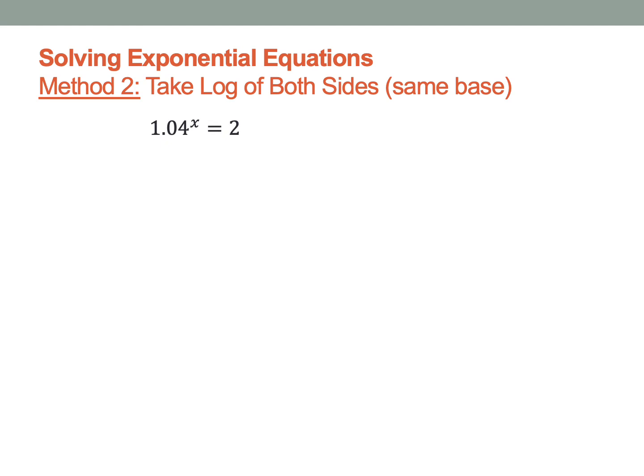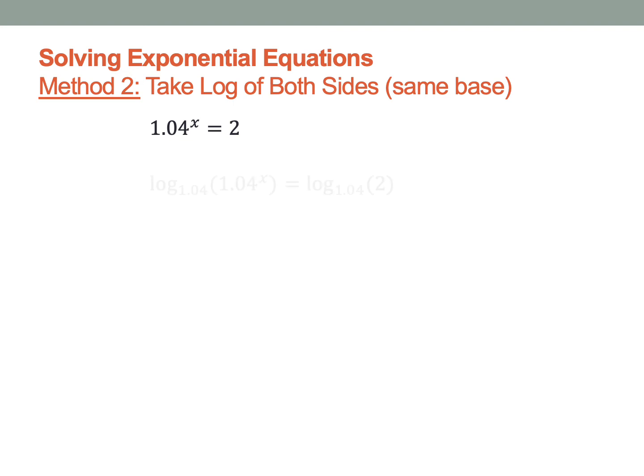If you remember solving equations, whatever you do to one side of the equation, you also do to the other, and it keeps it the same. You can do that with logs. You can take the log of both sides, and in this method, we take the log of the same base as the exponent. The base of the exponent is 1.04.